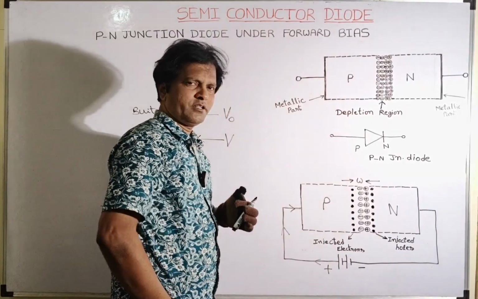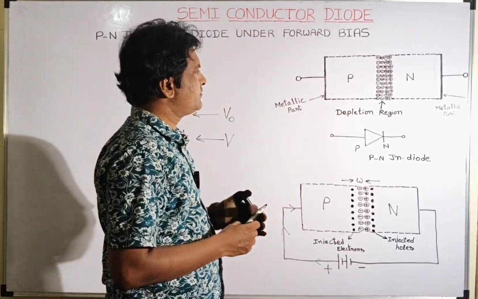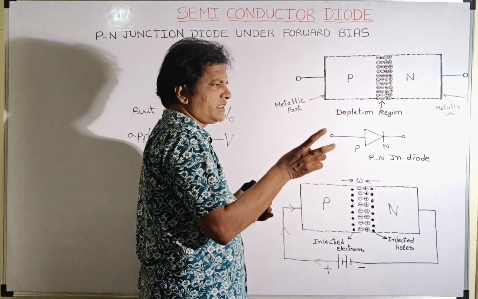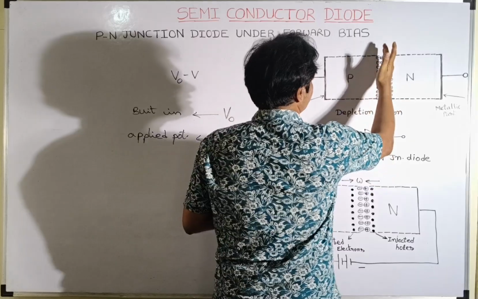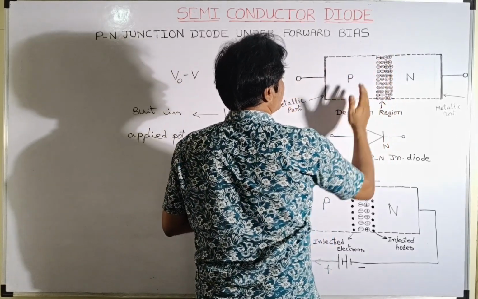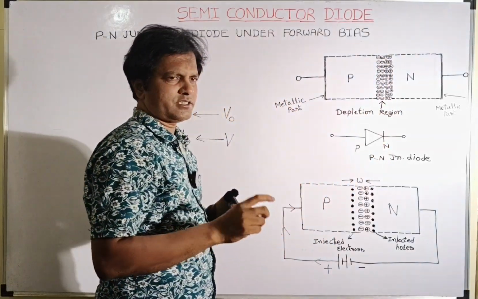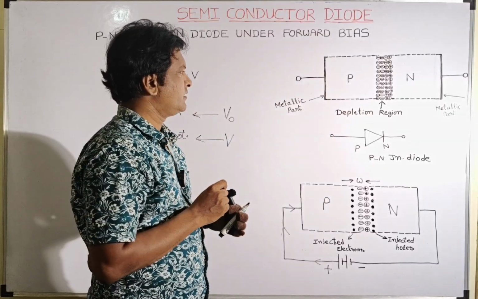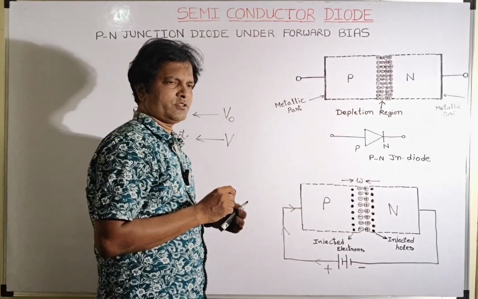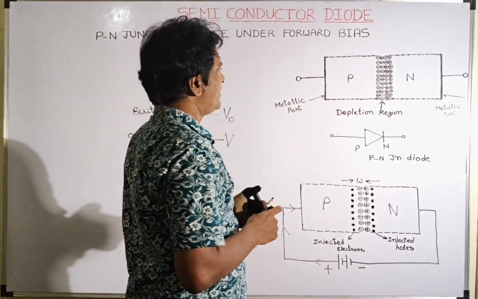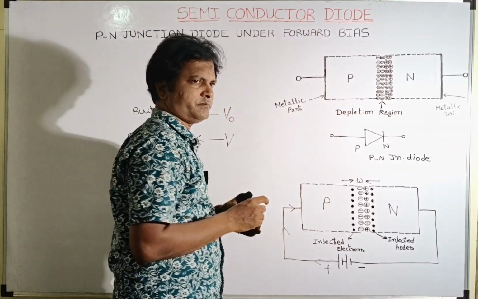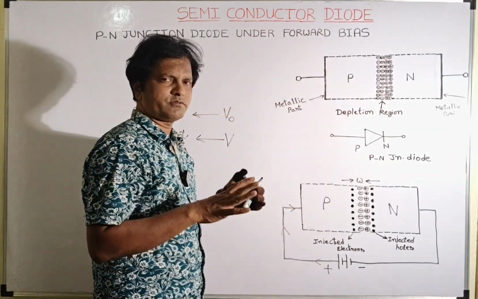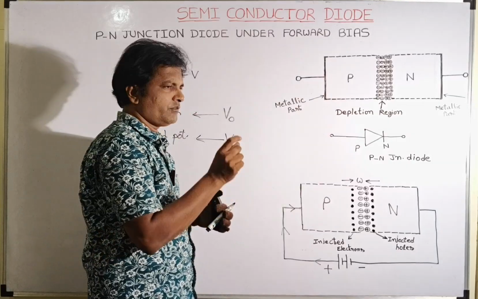So what we are actually doing by applying the external voltage is decreasing the depletion region. The depletion region, that means the space around the junction on both sides, will decrease. Depletion region doesn't have any charges. A region with no charge is called depletion region. And the barrier potential, the potential at which further movement of holes and electrons will be stopped at equilibrium position, will also be reduced.